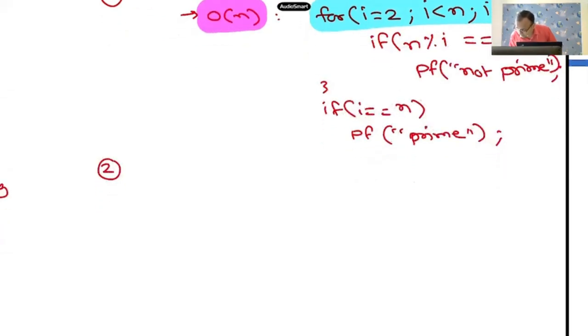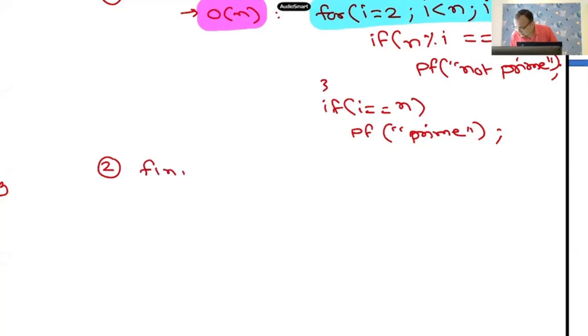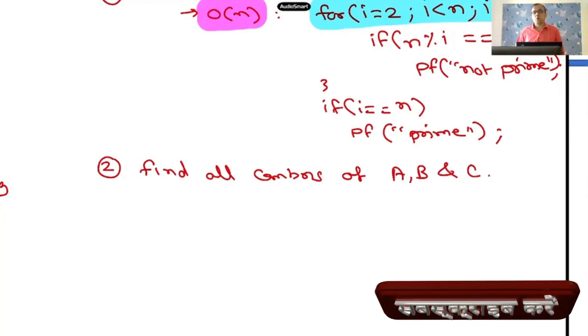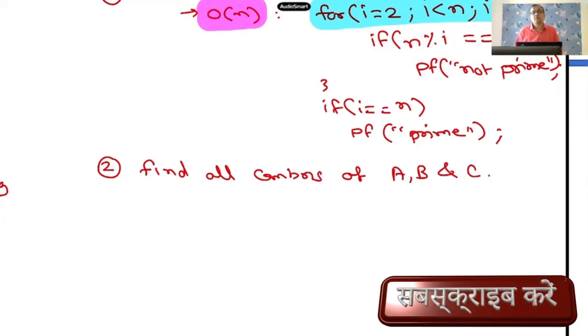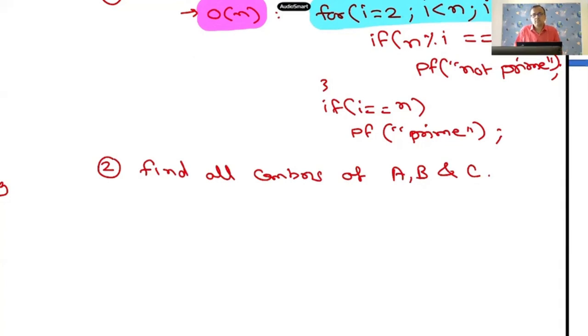One more example, let's say find all combinations of A, B, and C. So given three characters, I want to find all possible combinations. Let's say ABC, ACB, or whatever. So what do you need?